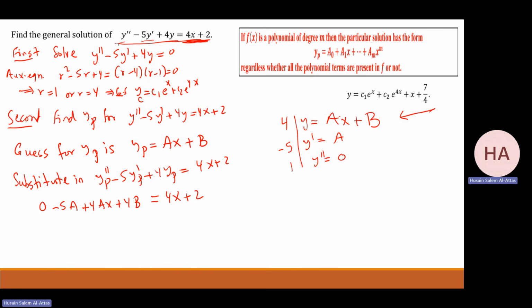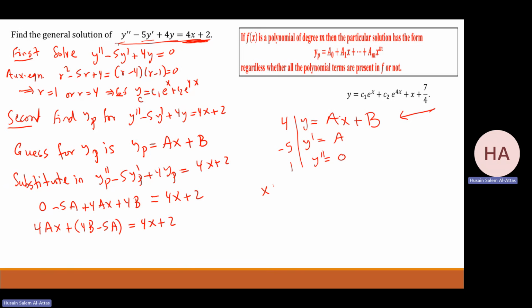Now I just equate the coefficients. I can rewrite this one as 4ax plus 4b minus 5a, which equals 4x plus 2.